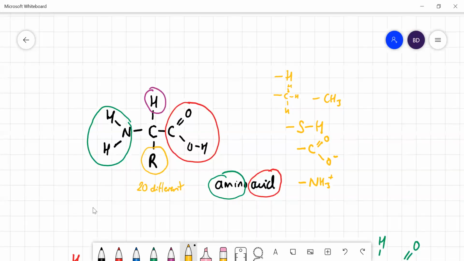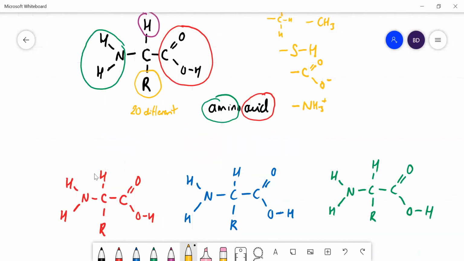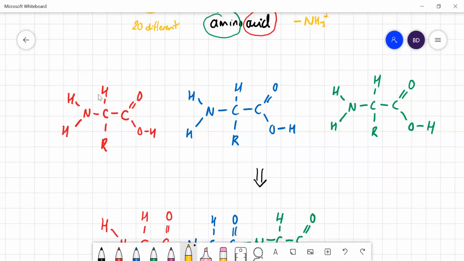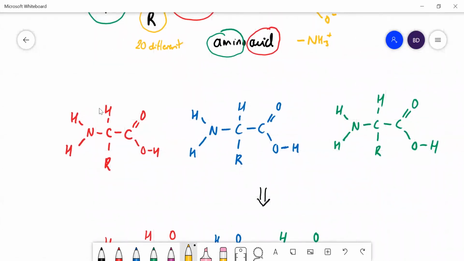But now we just need to see, how do they polymerize? How do they join together? Well, it's quite a familiar sort of reaction here. It's a condensation reaction. And remember, in a condensation reaction, you make a molecule of water. Okay, so what happens is you can use H2O there.